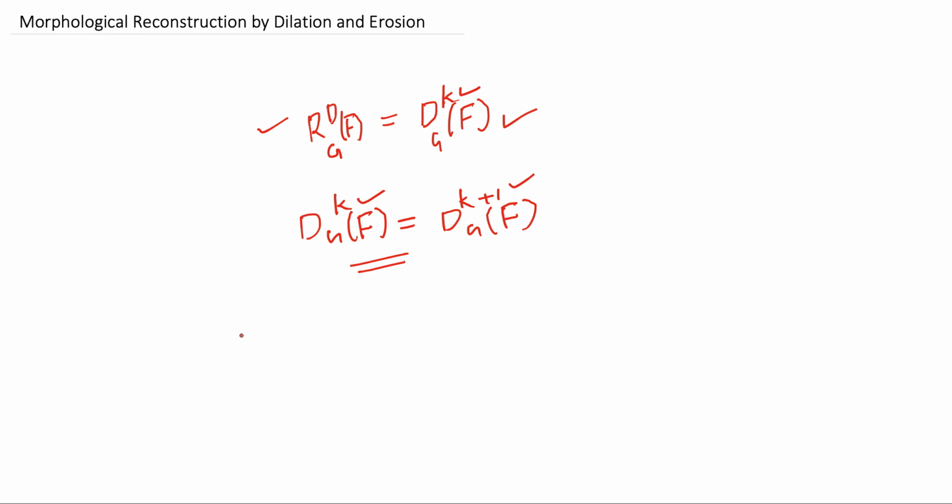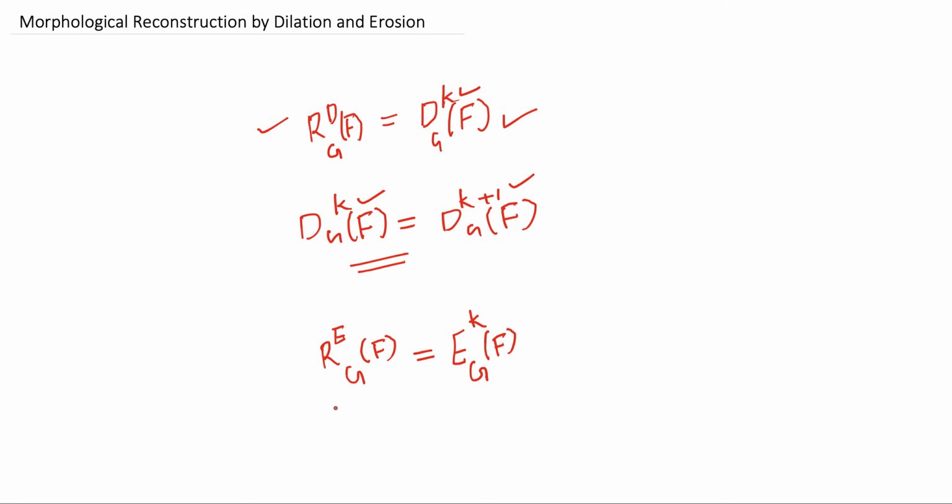And as the dual of this operation, you can also have the morphological reconstruction by erosion of the image F using the mask G, which is the same as performing the geodesic erosion of the image F by using the mask G and some structuring element for k times.